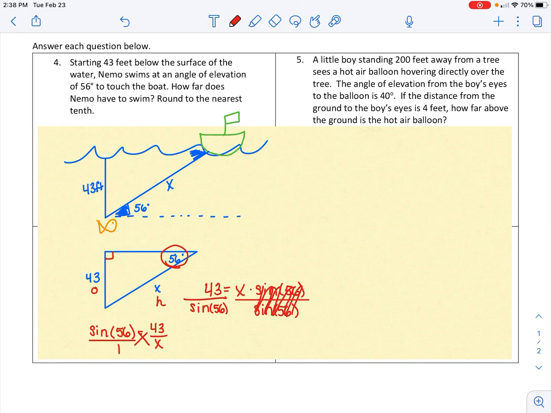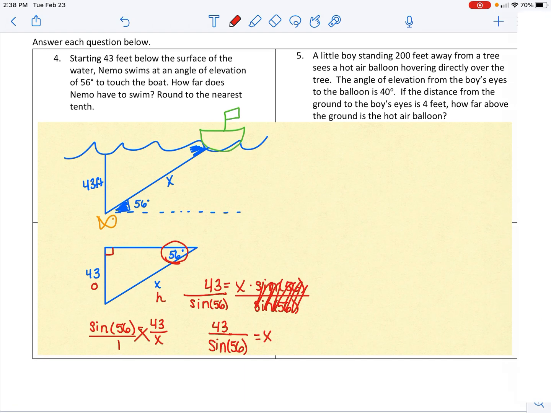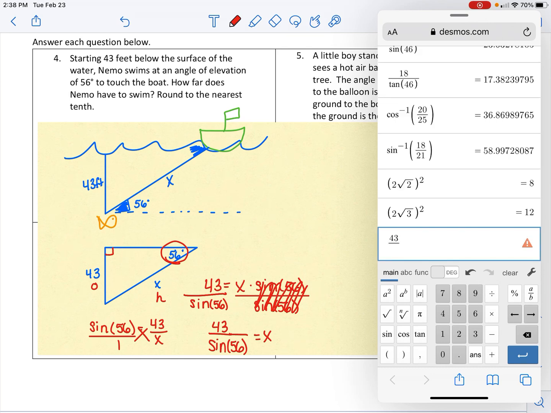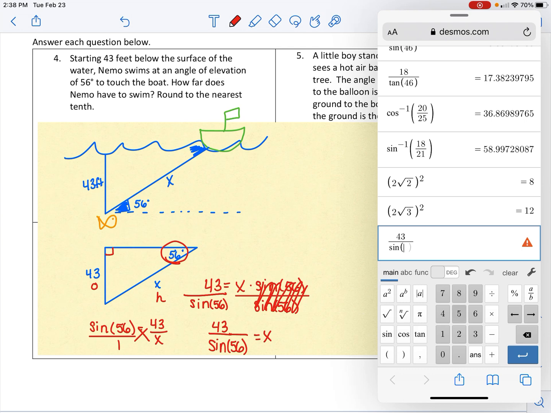Okay, these sines cancel because there's one on top and bottom. So we get 43 over the sine of 56 is equal to X. So you're gonna wanna pull out your Desmos calculator or whatever calculator you have, and you're gonna say 43 divided by the sine of 56.